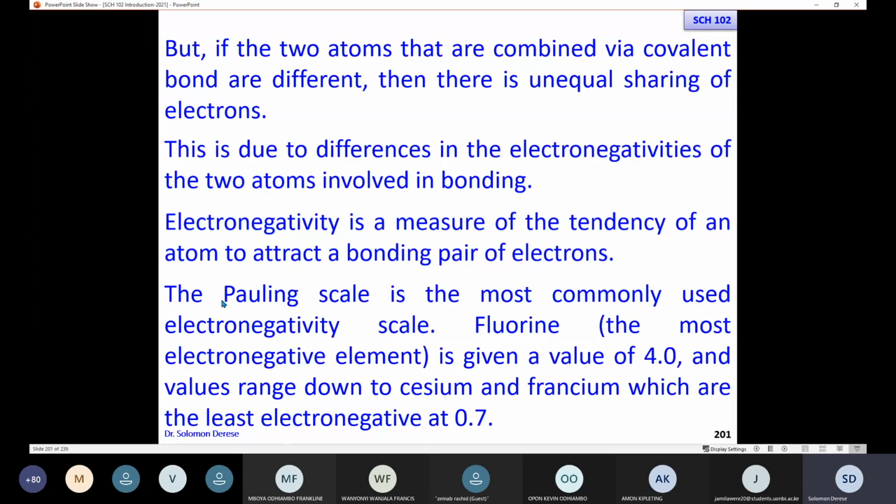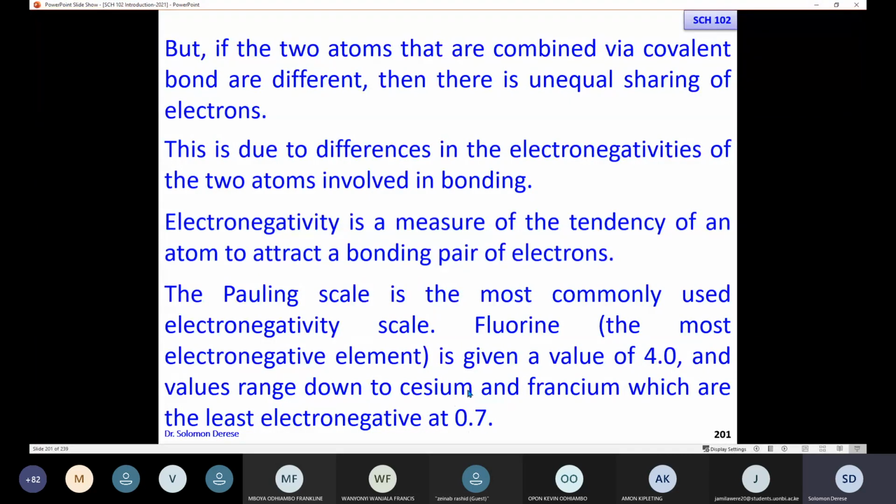Then in this Pauling scale, fluorine, the most electronegative element in the periodic table, is given an electronegativity of 4.0.